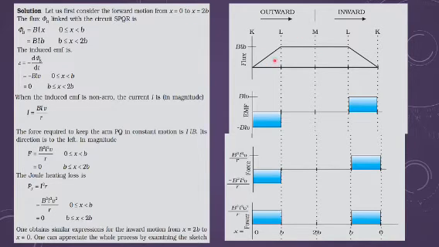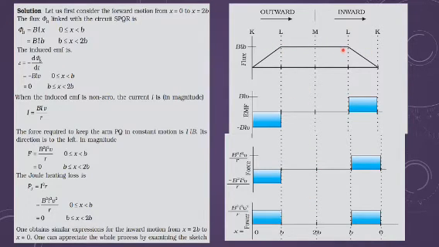So you should be able to do the graph plotting for the flux with the distance when you are taking it outward from 0 to B, then to 2B, then back to B and to 0. It means we are moving it outward and then inward. When you are moving it outward, what is happening to the flux? When you are in the distance from B to 2B, there is no magnetic field, so no change in flux.